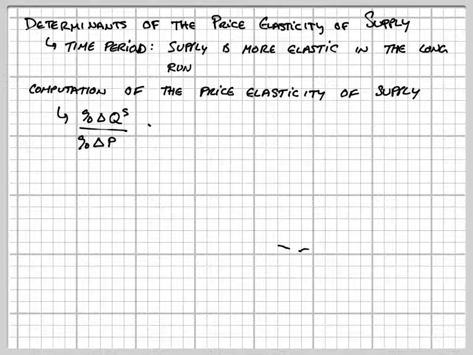This value is always going to be greater than zero. And that's because of the law of supply. The law of supply, if you recall, says that everything else being the same, an increase in the price of the good leads to an increase in the quantity of the good supplied. So this is why the supply curve is upward sloping. And so any increase in the price will always lead to an increase in quantity supplied.